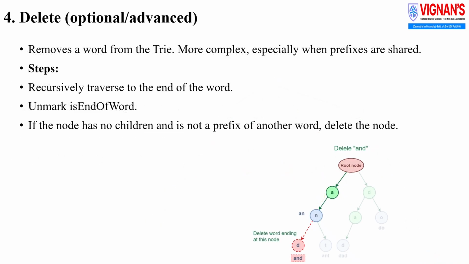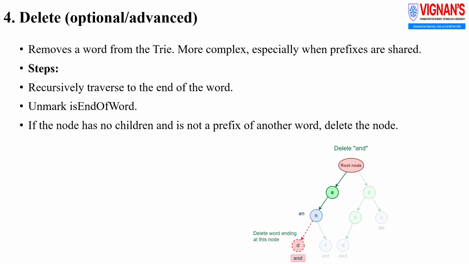Delete operation in a trie. Delete is an optional and advanced operation in a standard trie. It is used to remove a word from the trie and is more complex when prefixes are shared by multiple words. To delete a word, we first recursively traverse the trie to reach the last character of the word.